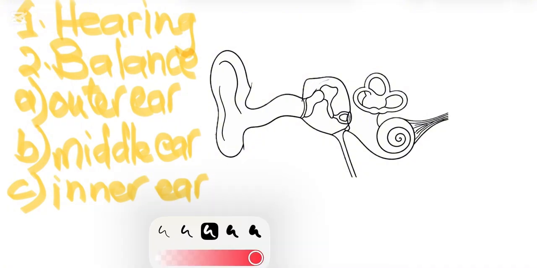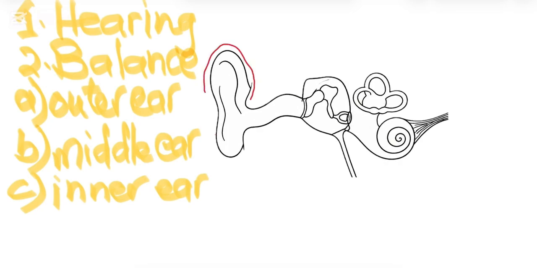Now, the outer ear would consist of this part that we find outside the body. And then it goes in and we find those parts. So this would be our outer ear. All right?